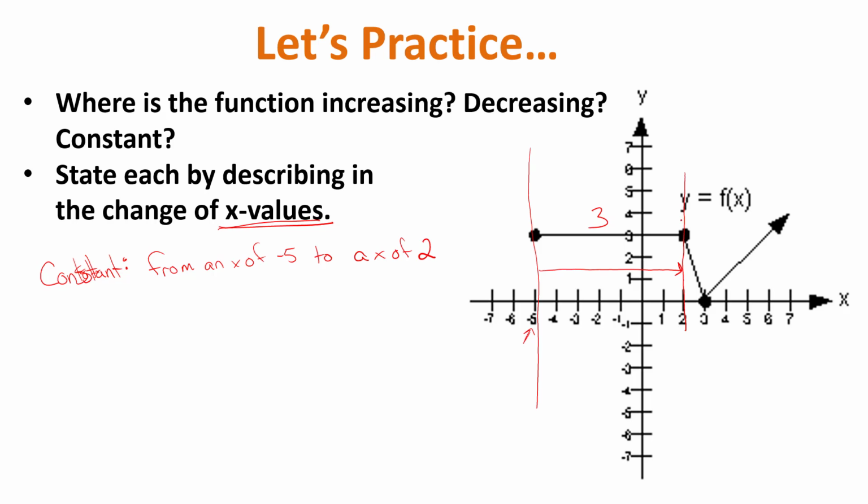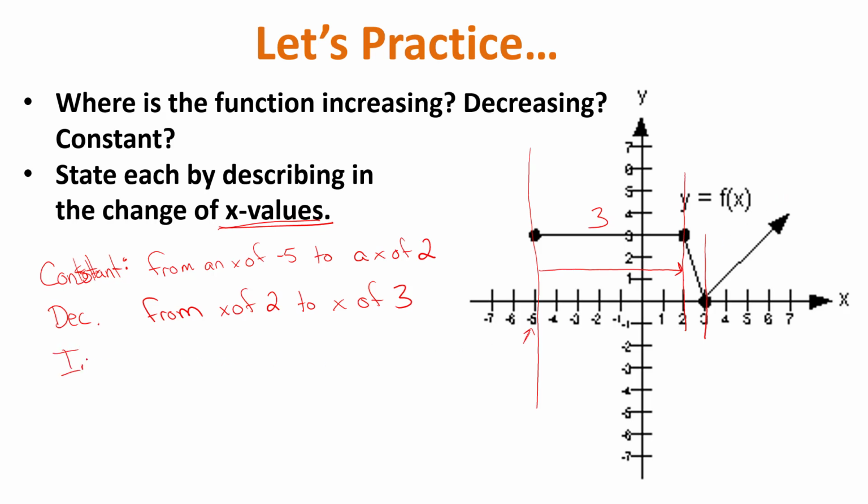Well, the change we have is from this point at 2. So let's change. We are decreasing from x of 2 to x of, well, where did we stop decreasing? Here. That's our value of 3. All right, what happened at 3? I can see that the graph starts going up again.